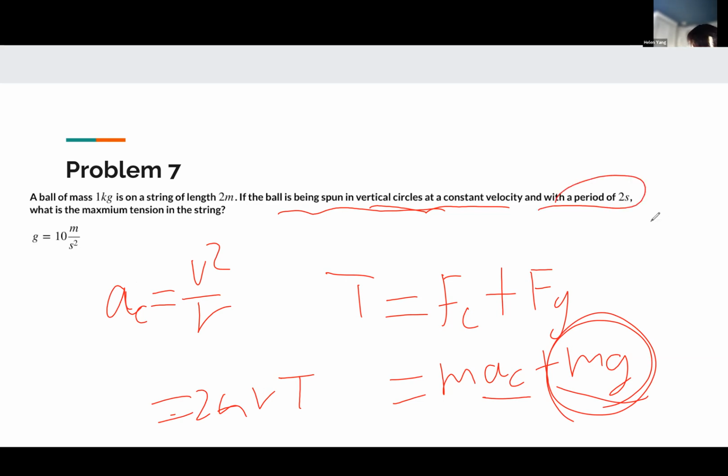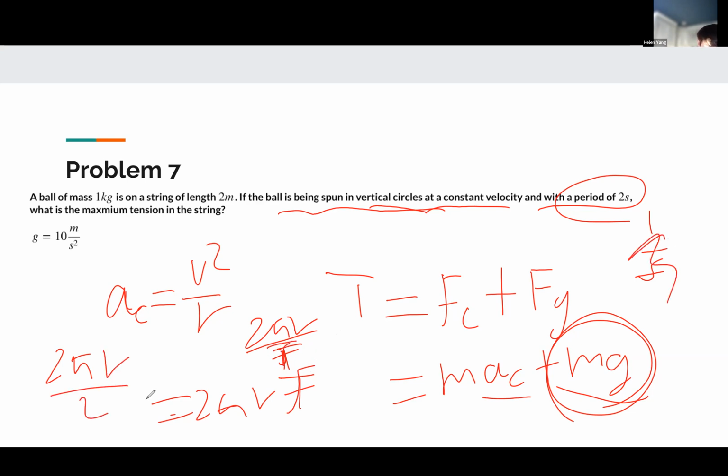But this tells us the frequency, which is 1 over T. So that means it would be 2 pi r over T. Oh, sorry, this is f and this is T. So it would be 2 pi r divided by 2, so it would be pi times r.